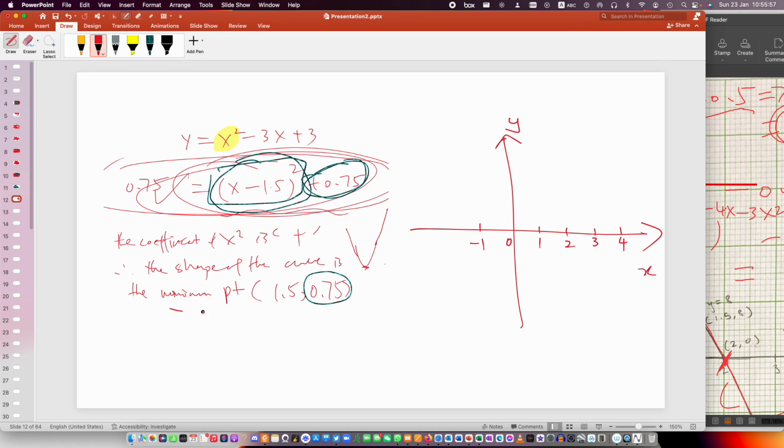But now you only have 1 point. You cannot sketch with 1 point. You need to give yourself more points to sketch. So normally what I will do is I know that 1.5 and 0.75 is the minimum point, right? So that means 1.5 is here. So let me just do my 1 first.